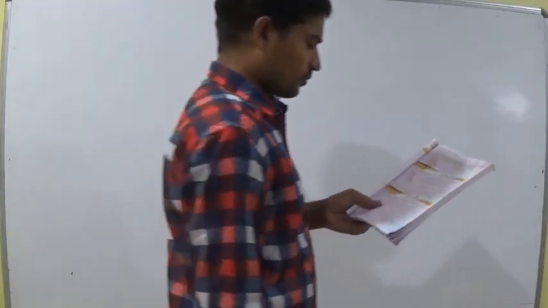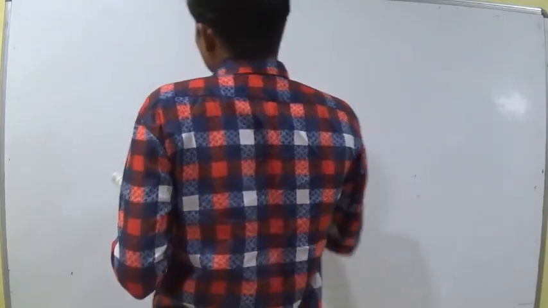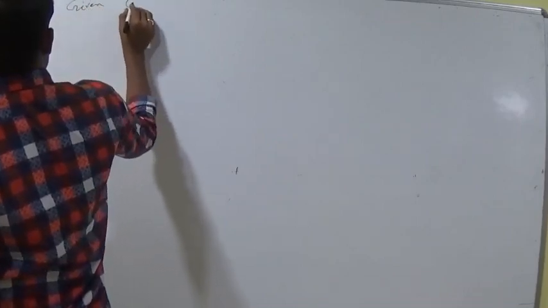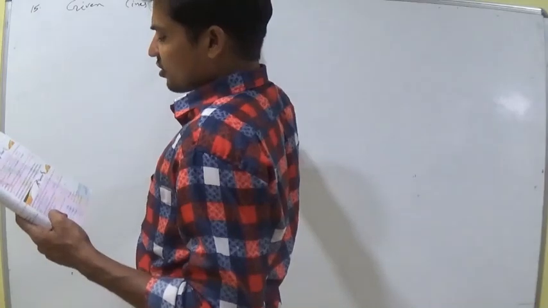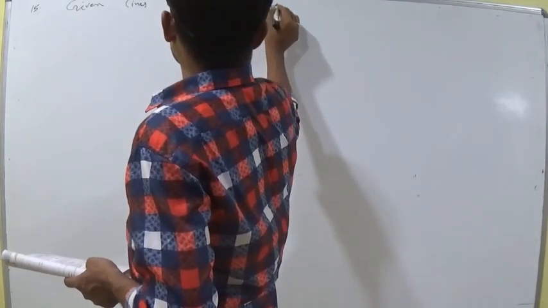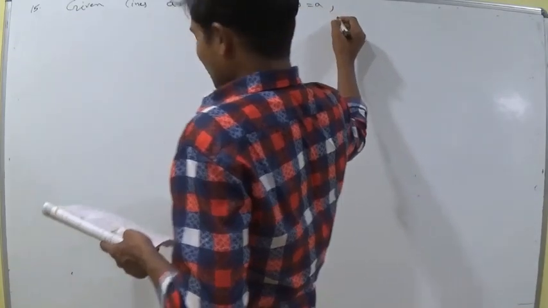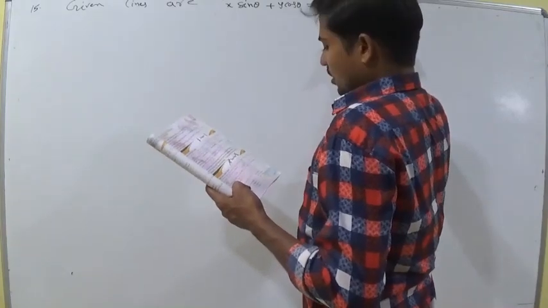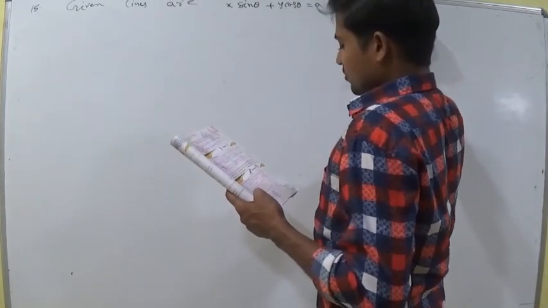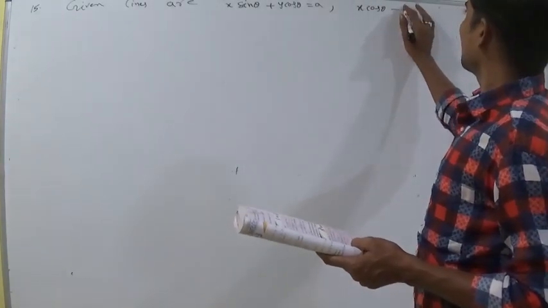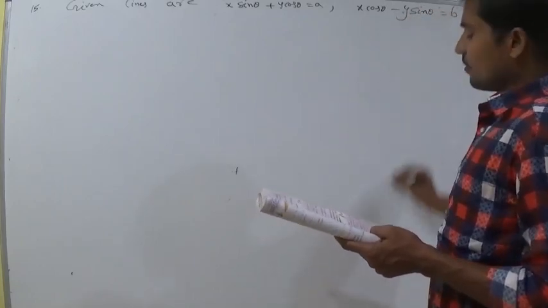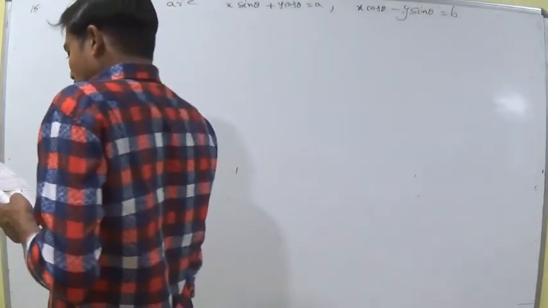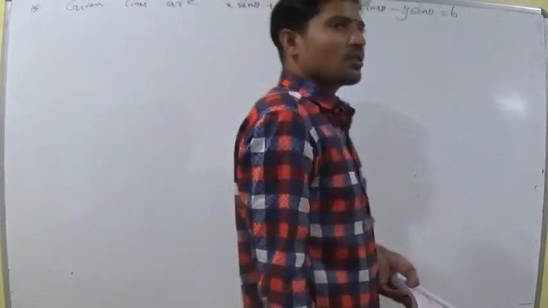Now the 15th one, given lines are x sin theta plus y cos theta equal to a and x cos theta minus y sin theta equal to b, is a circle of radius.